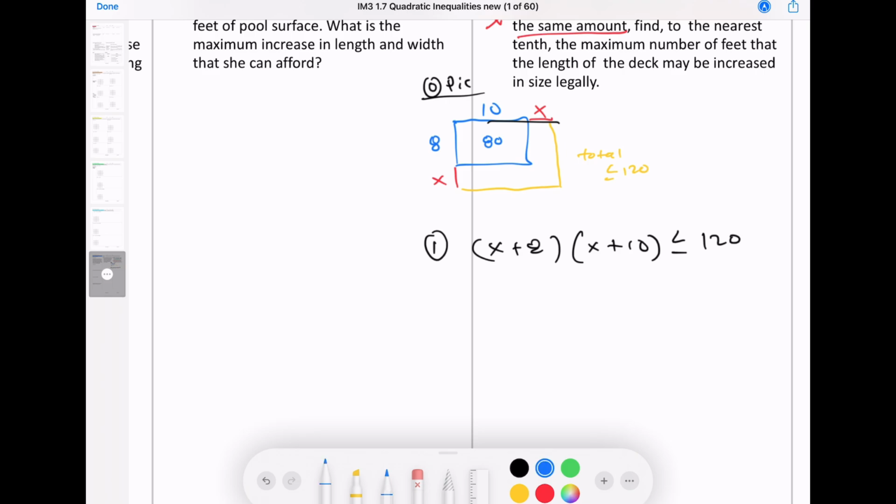Okay, so let's go ahead and expand that. x plus 8, x plus 10, x squared, 10x, 8x, and 80. So that would give us x squared. Add these two, you get 18x, and then you have plus 80.